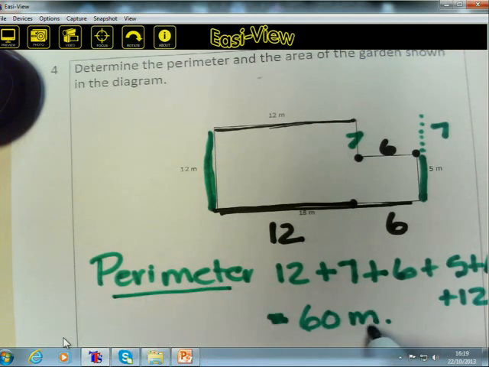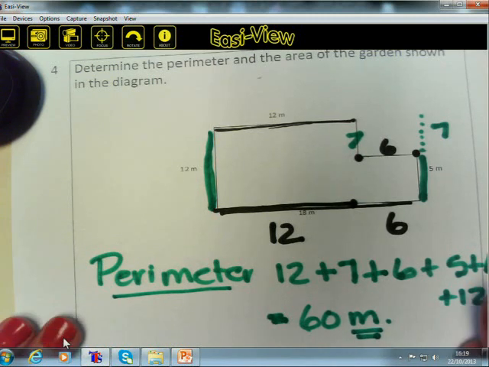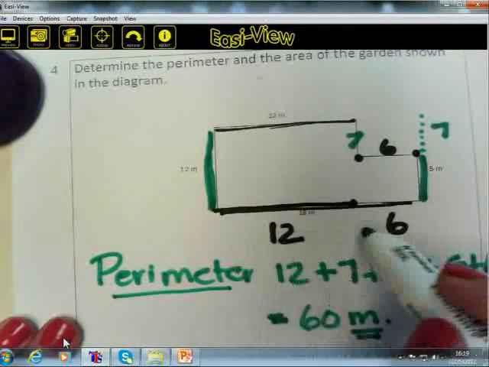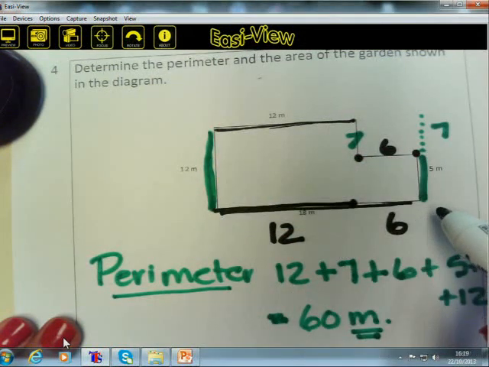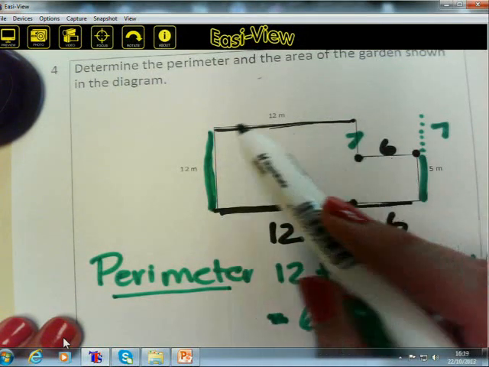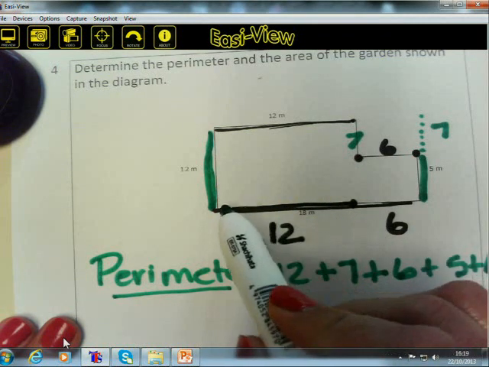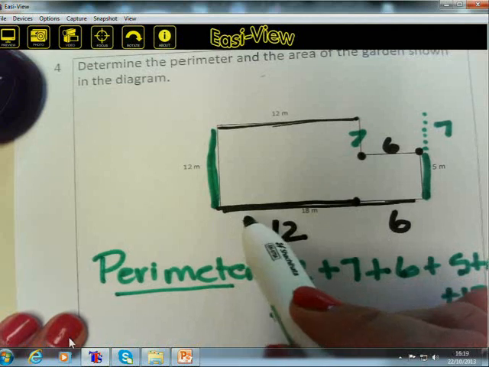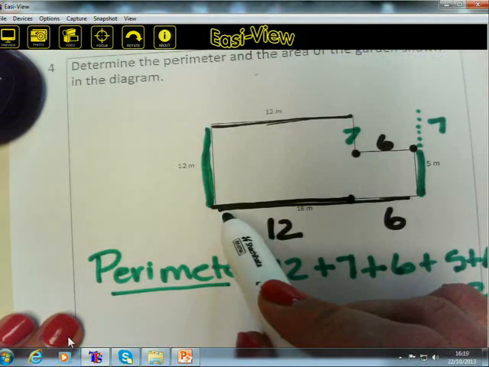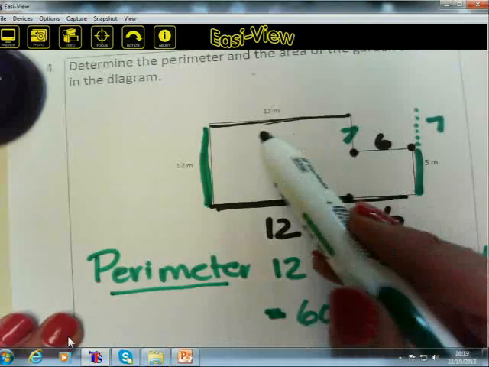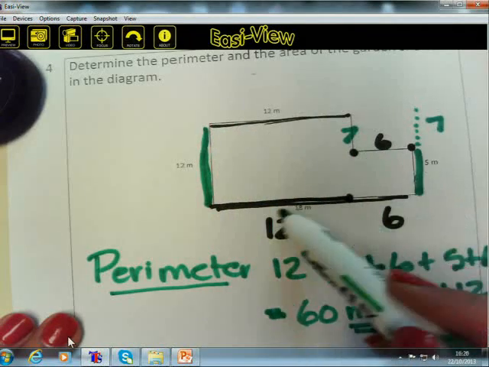The unit for perimeter is meters. Remember, perimeter is meters, area is meters square. You will not get the formula for a shape like this. They will not give you a formula because they expect you to know that all sides must be added. So don't think it was forgotten. You must remember, to get the perimeter, you will just add all the sides together.